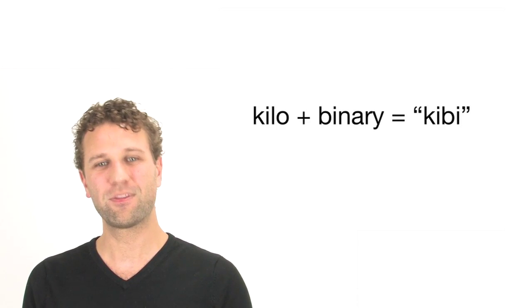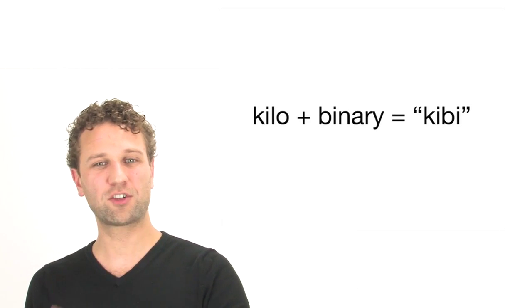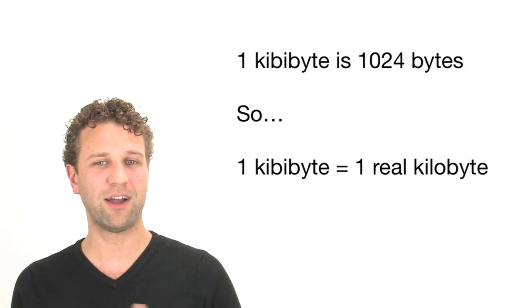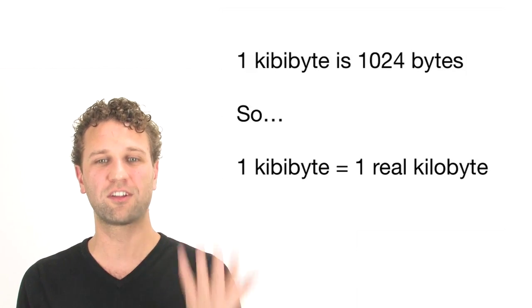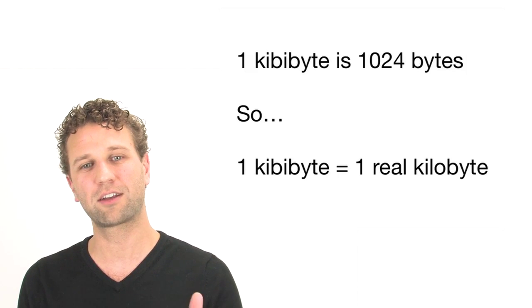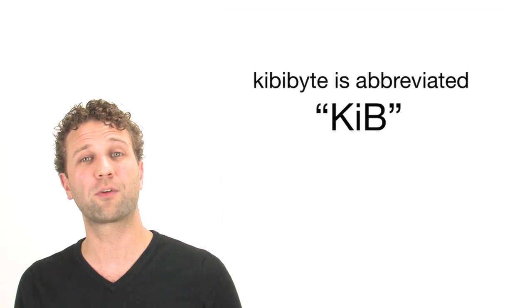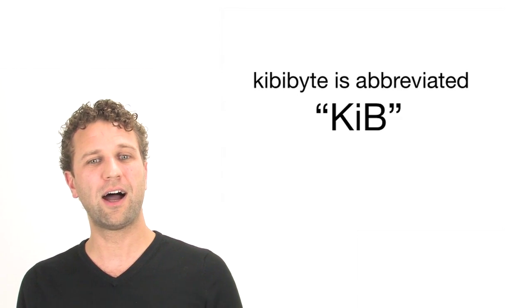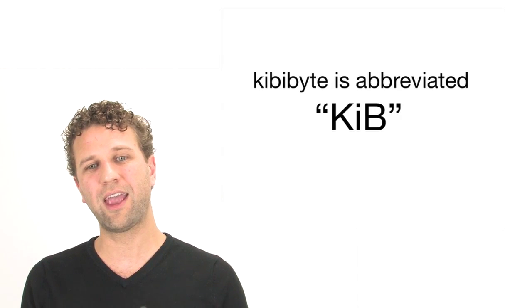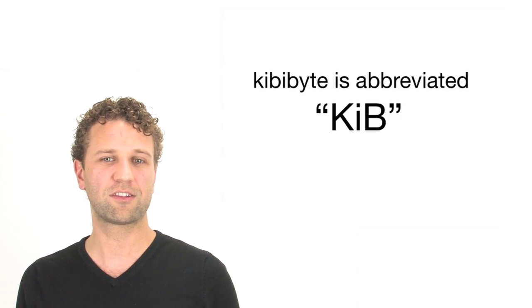So let's look at the first one. If you combine the words kilo and binary, you get kibi. Kibi is the official prefix that means exactly 1024. So a kibibyte is 1024 bytes, which is exactly what we're looking for. It's totally correct. And the abbreviation is capital K, lowercase i for the prefix, and then capital B for byte. So the Ki is for kibi, and note that the K in kibi is uppercase.